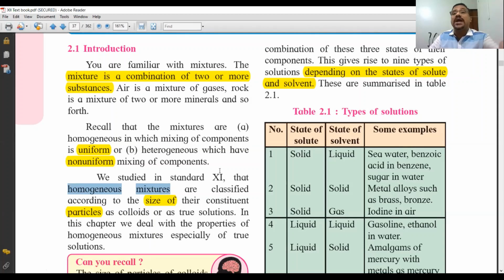So tell me, how will colloids form a homogeneous mixture? So I think this is the wrong word printed in your textbook. What you have to remember is that mixtures simply are classified as colloids or true solutions.